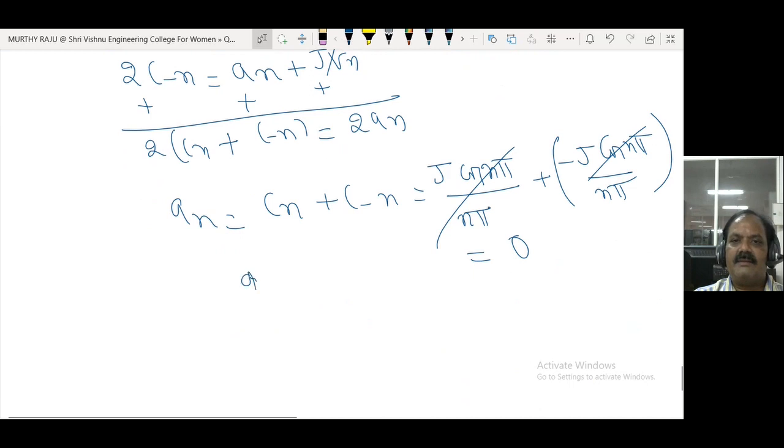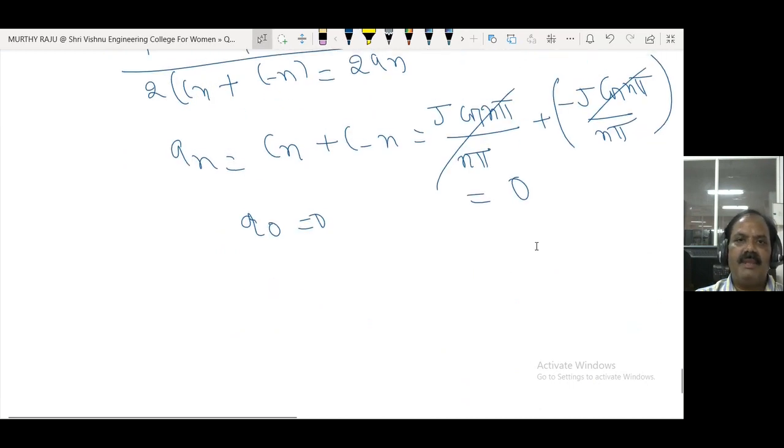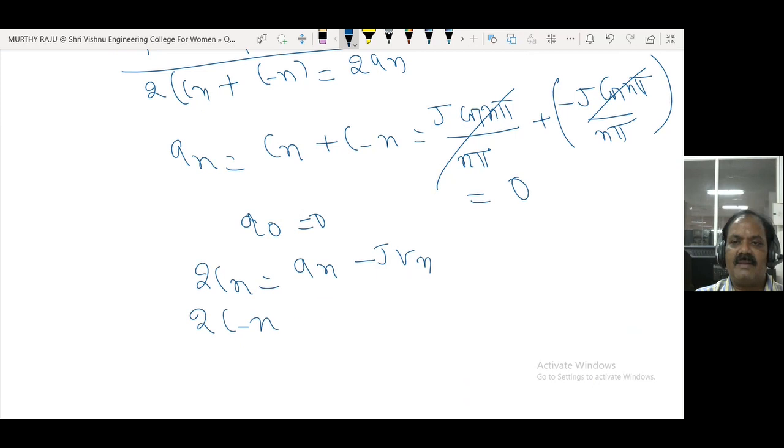A naught is 0. Coming to bn. Here 2Cn is equal to an minus jbn. 2C minus n is equal to an plus jbn.